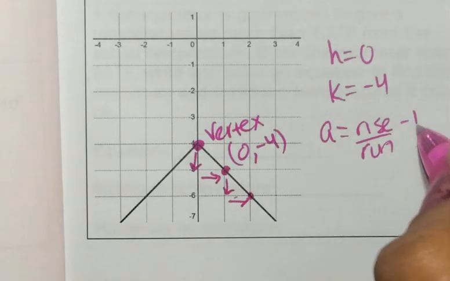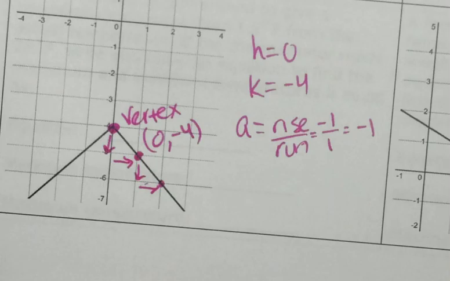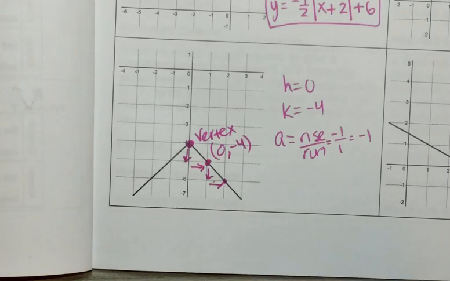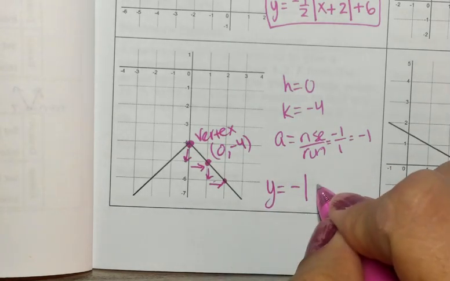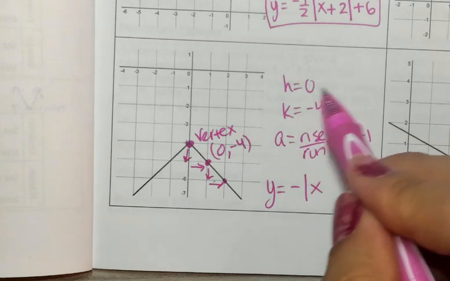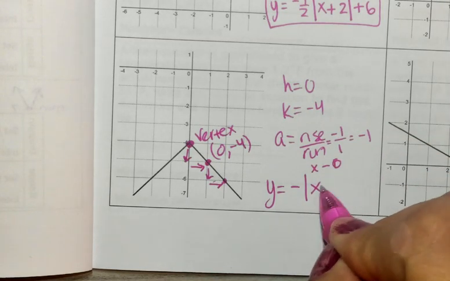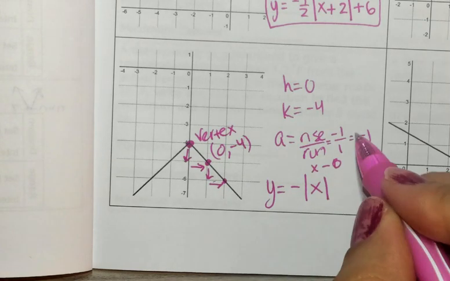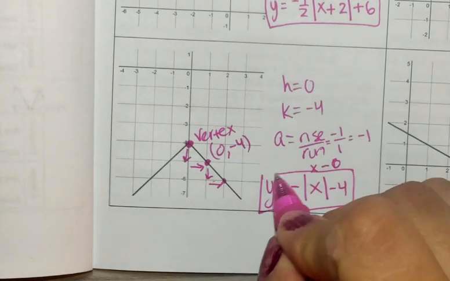So that means we're going to have negative 1 over 1, which equals negative 1. If you have negative 1 as your a value, that's just writing a negative in front of the absolute value. Then x minus h, where h is 0, there's nothing you're subtracting, so we can just close the absolute value. And then minus 4. If you're adding a negative, you end up subtracting, so we're just going to have that.